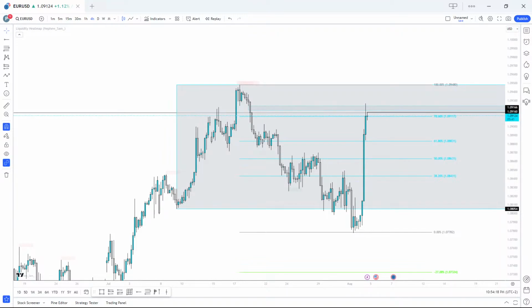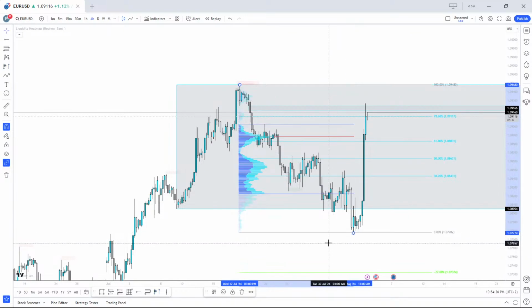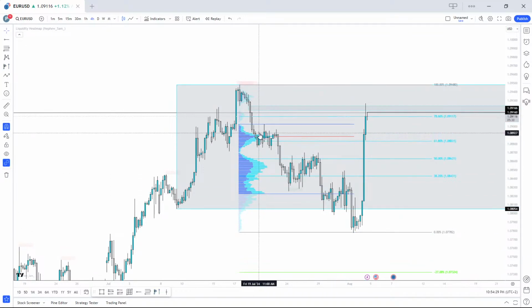So basically, what I was saying is the volume profile tool. I don't actually understand this tool very well, but basically the areas where there hasn't been a lot of trading volume are the points of interest that we want to look for. Why? Because there wasn't a lot of activity.